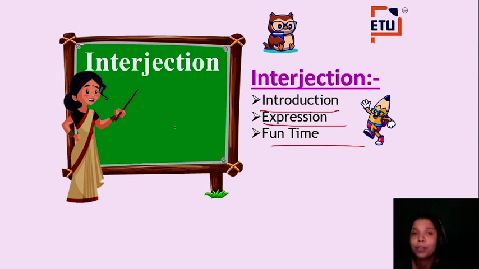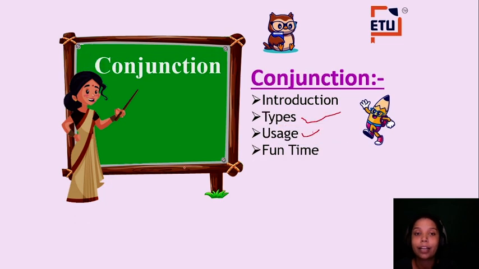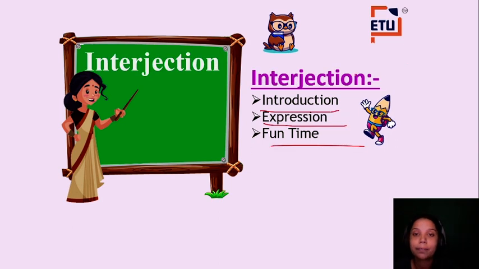Remember, we learned that conjunction had and, or, but there are many more words that we really need to know, isn't it? And those words, where we can use them, right? Let's go to the next part.